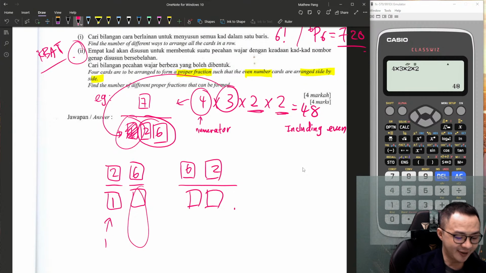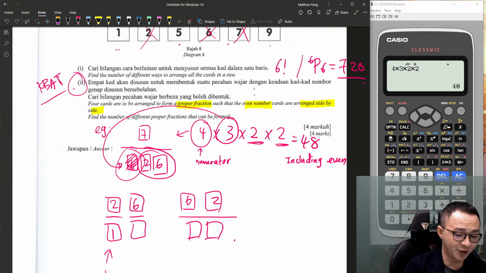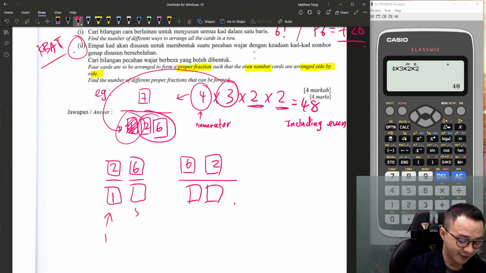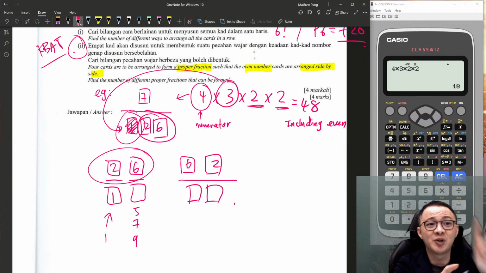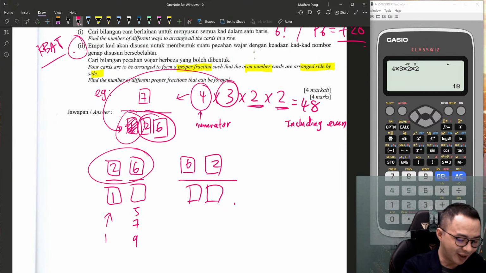Then here I can insert any other number, right? Which is 5, 7, and 9. So if I put the 2, 6 like this, it is proper. So the first place here must be 1, so it's one way. Then you have 3 choices here, so this one is 3 ways. So the answer is 3 only.